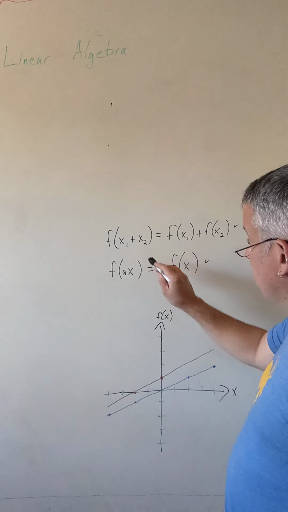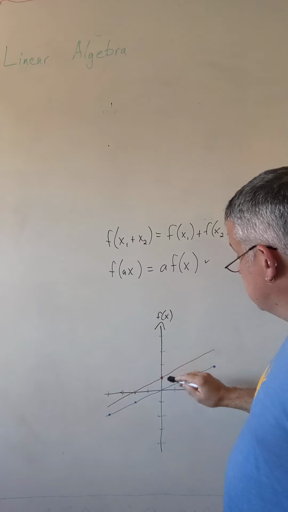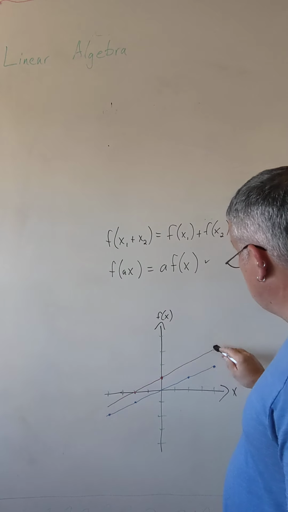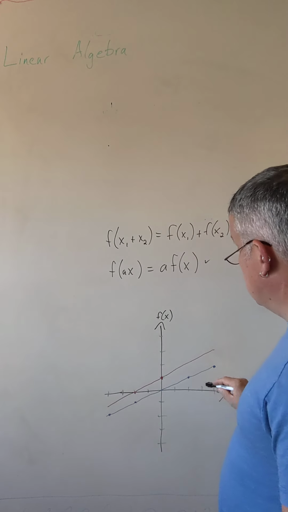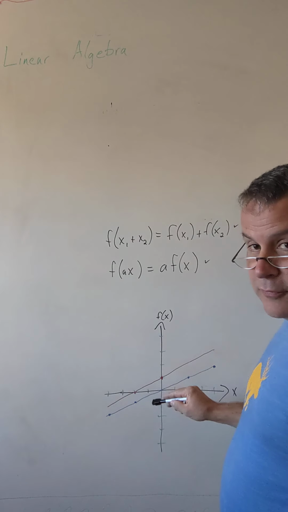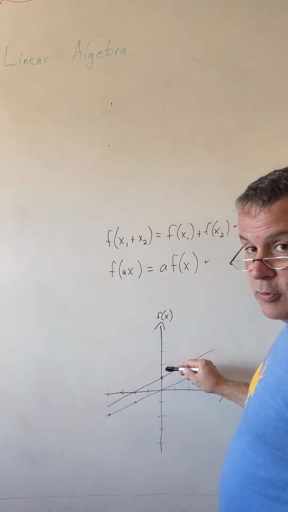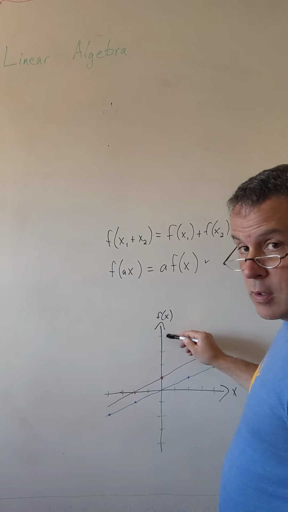But if I take the function of x1 plus x2, that is the function of 4, it's only equal to 3. So it's not equal to 2 plus 2, which would have been 4.